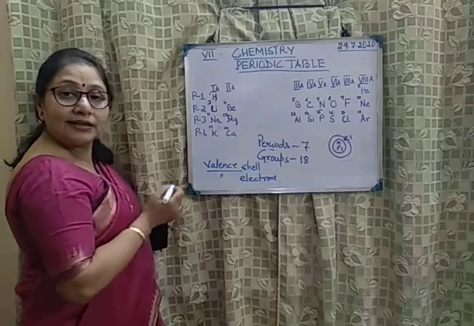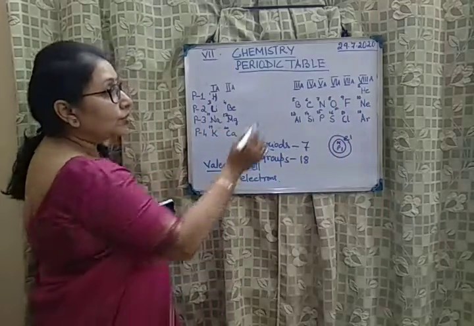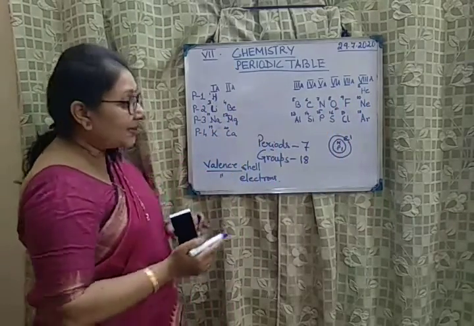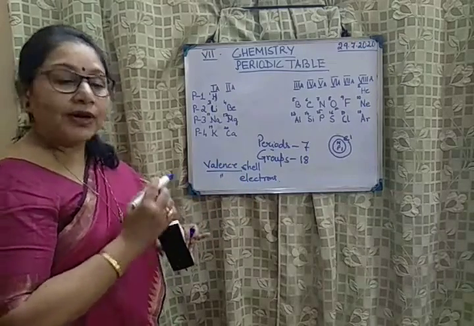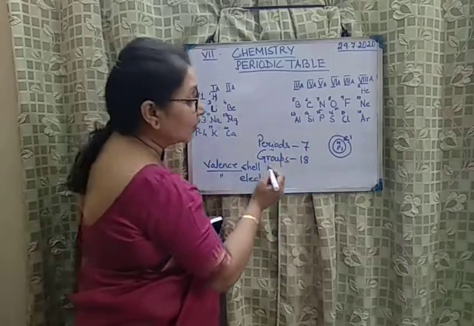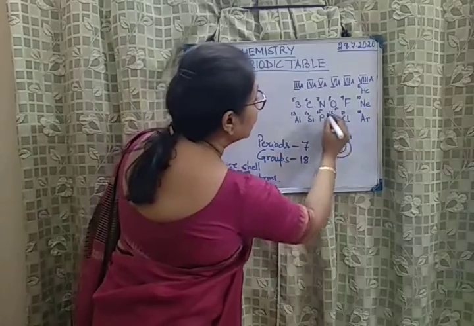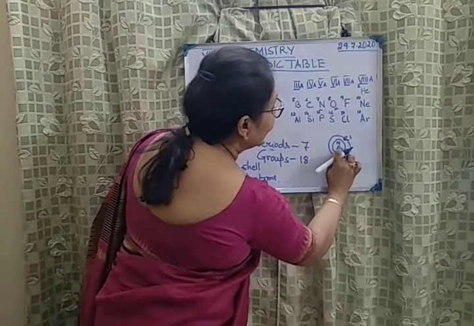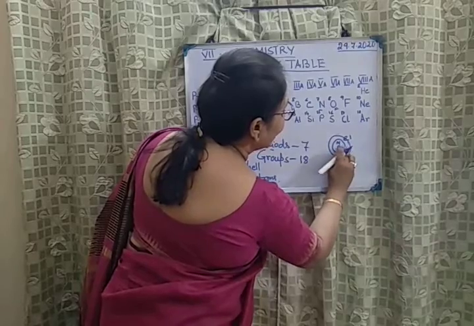Let us take another element. Let's take oxygen. If its atomic number is 8, that means the number of protons and the number of electrons will be 8. If I try to draw the arrangement of electrons in this oxygen atom, you will find that oxygen has 8 protons and 8 electrons.